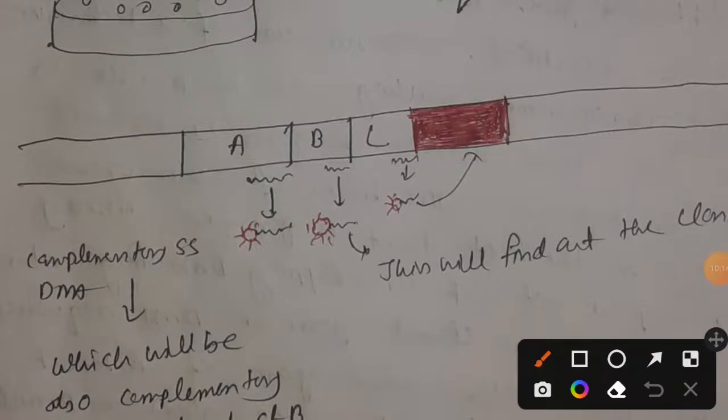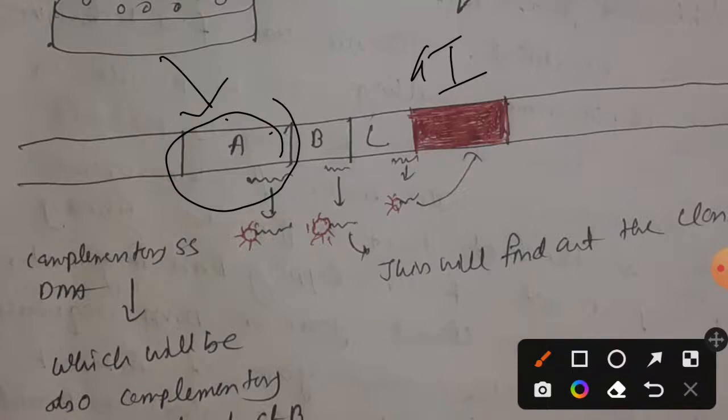Let's see how. After determining the neighboring gene from the gene of interest, we will first look at the sequence of gene A, or you can say clone A. On the basis of its 3' end, we will construct a complementary single stranded DNA sequence, and that will be labeled with P32 at its 5' end.